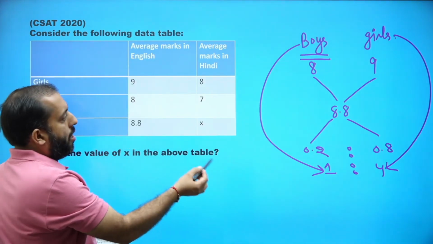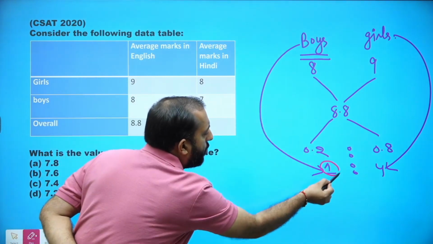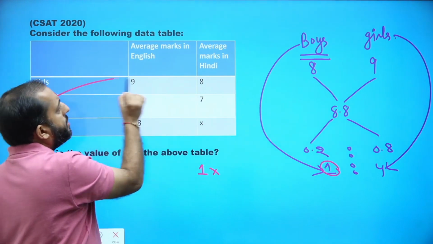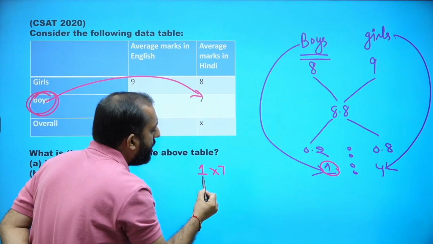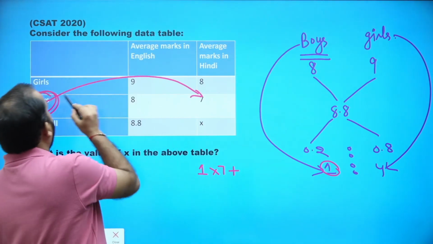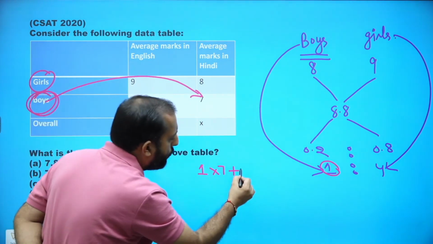I know how many boys are there? 1. And what is the average of boys in Hindi? 7. So it will become total score of boys in Hindi plus, how many girls are there? 4.